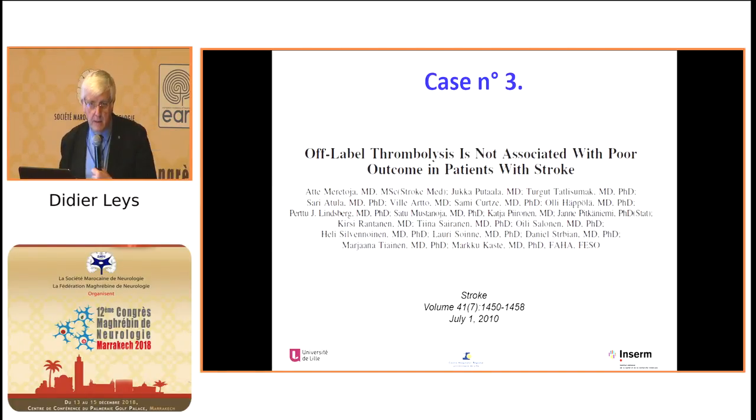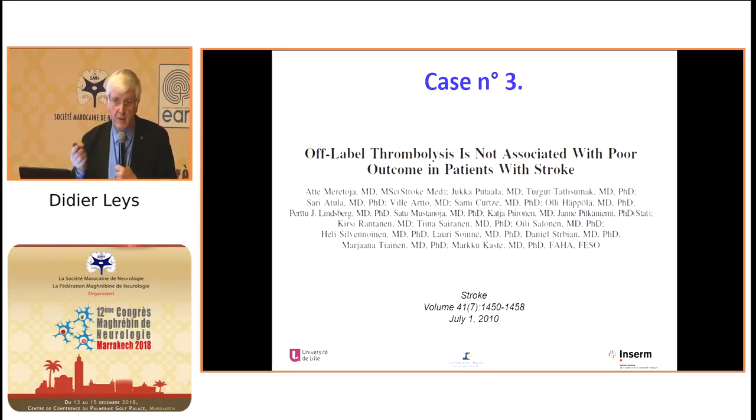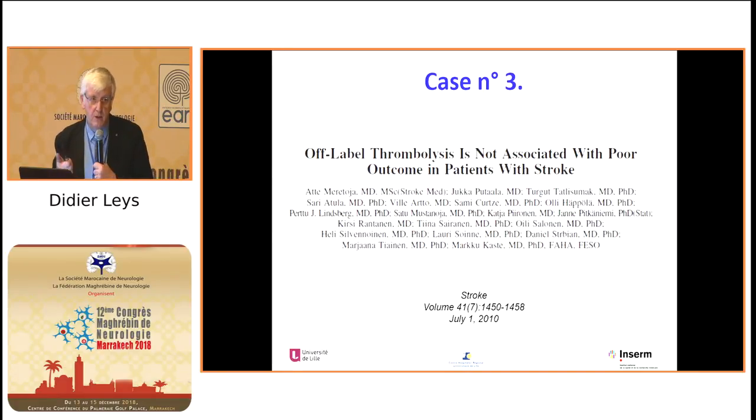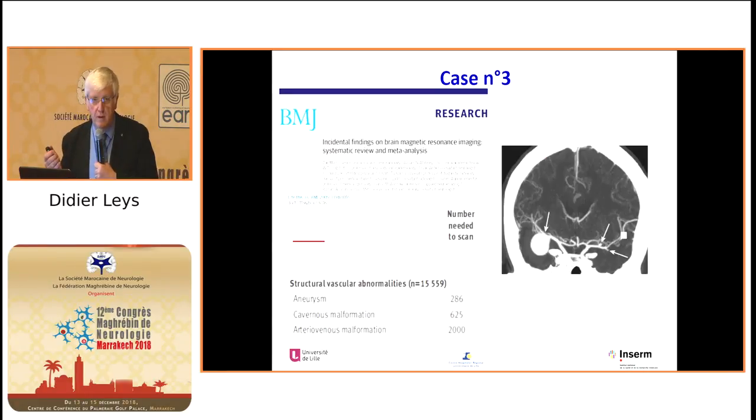I can imagine that somebody treated by TPA may have bled and, of course, not been published. So there is a publication bias, which is always possible. But as soon as we have patients with a stroke who represent the general population, you will have one aneurysm. This is the proportion of aneurysms in the general population.